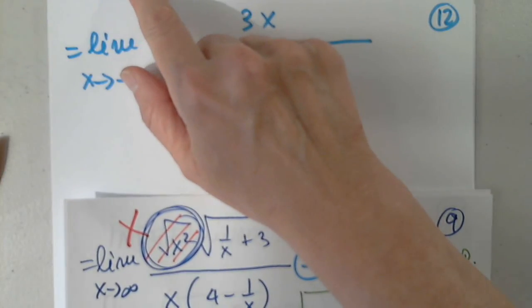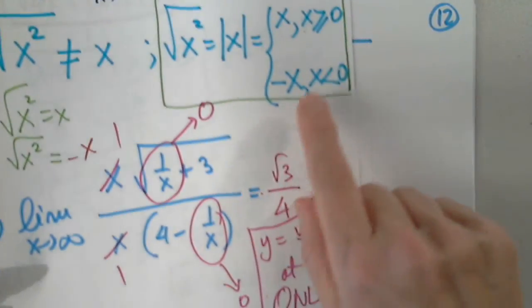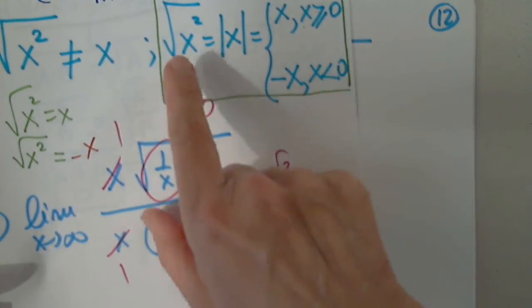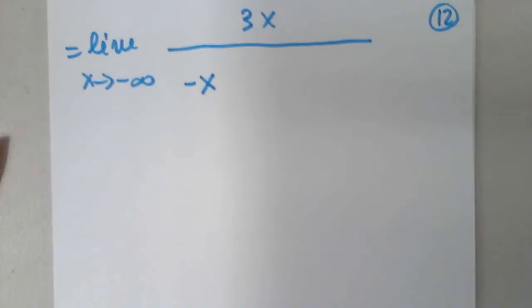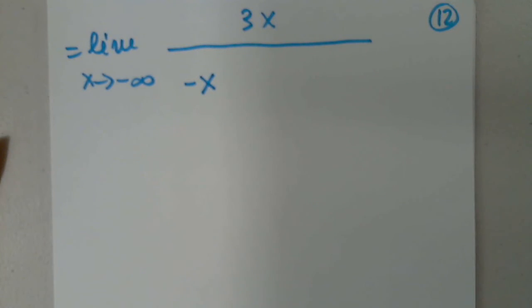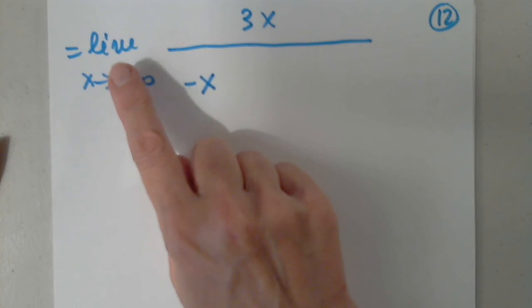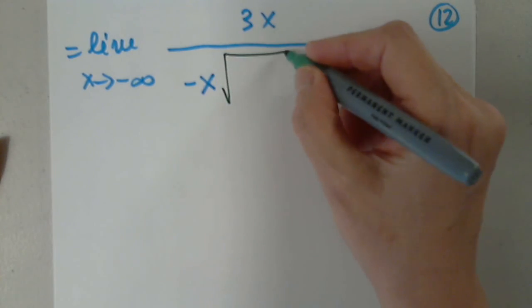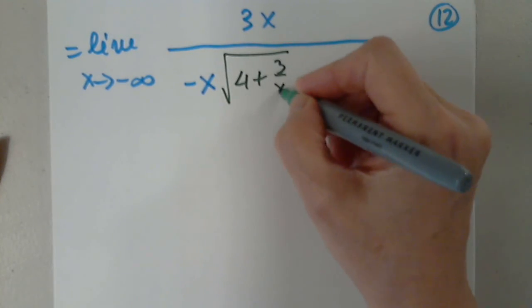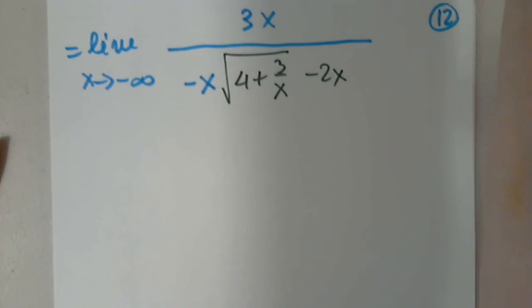But here, when x approaches negative infinity, the square root of x squared gets replaced by negative x. Is that better? Excellent. Because of this, this symbol dictates. Okay, and then I have the square root of 4 plus 3 over x, and I have minus 2x.